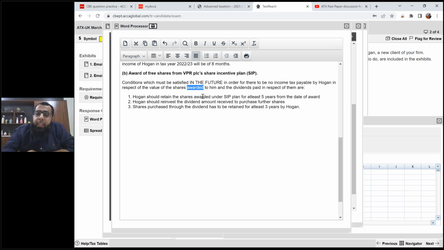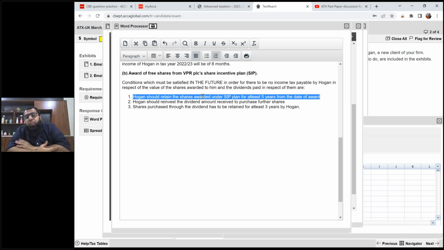Okay, now see, when you get shares under a share incentive plan, you have to retain them for at least 5 years if you want to make sure that there is no tax on it. Okay, if you sell them before 5 years, there are two situations. If you sell within 3 years, the tax will arise on the disposal proceeds.